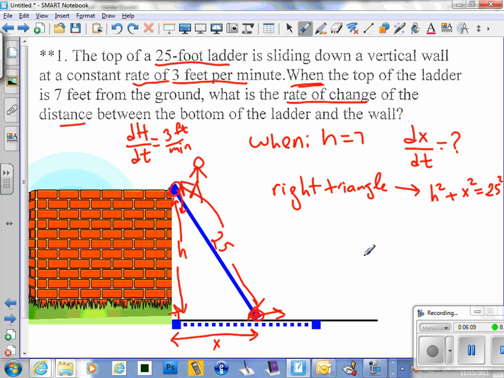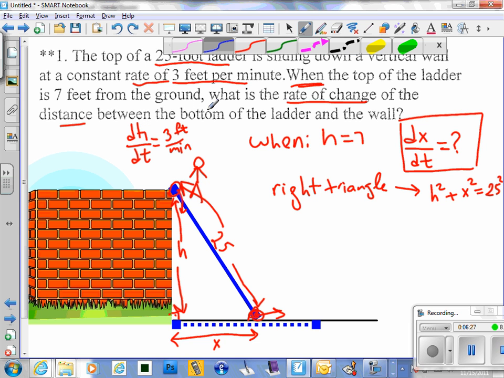Okay. dx over dt is what we gotta find. And dh over dt is given, okay? And h is given, so we only need to find dx over dt.